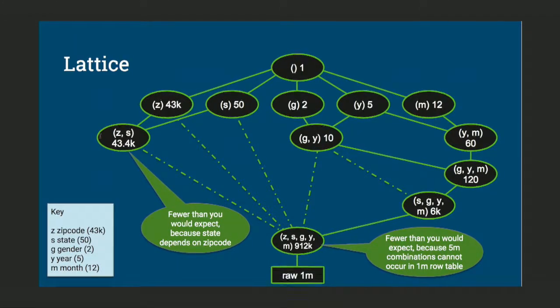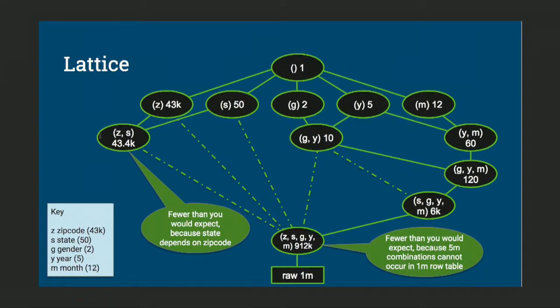If we're, for example, creating a summary table which contains all combinations of years and zip codes, then it's going to have five distinct years, 43,000 distinct zip codes. It's going to have approximately 5 times 43,000 rows in it.